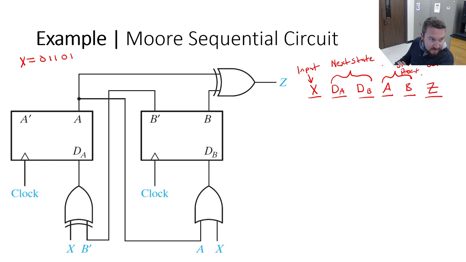Sorry, I realized I'm under my thing here. And then my output. Just like that. So this is the present state, PS. That's the next state, NS.